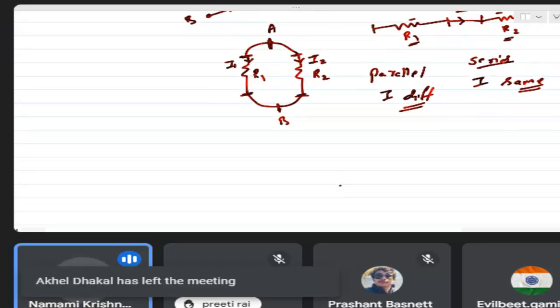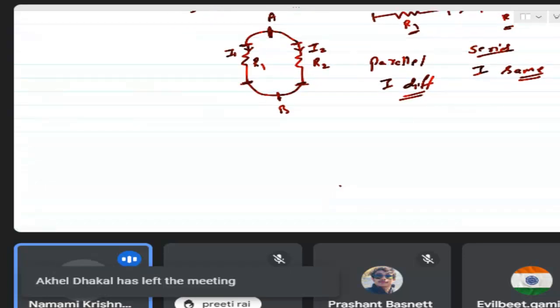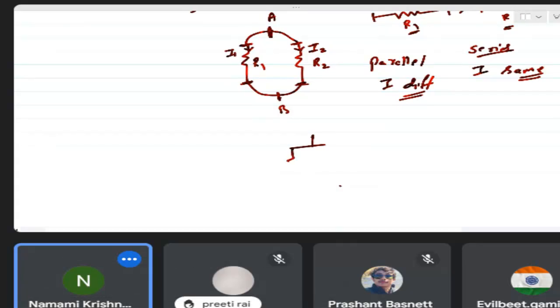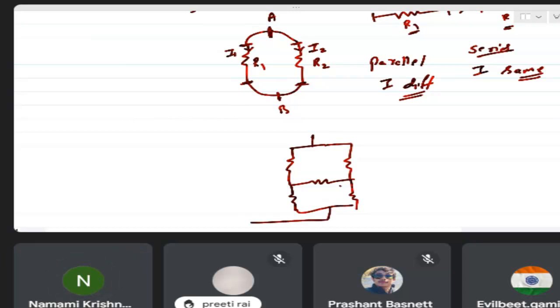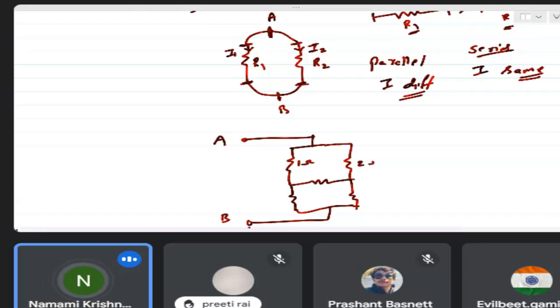Let's say I am giving you this type of question. Again, this is terminal A, this is terminal B. This is 1 ohm, 2 ohm, let's say 3 ohm, 4 ohm, and 5 ohm.